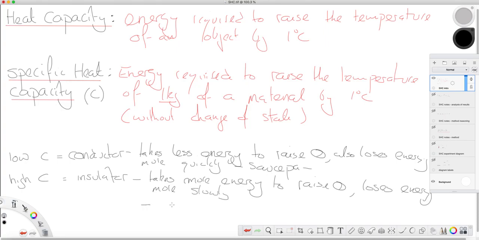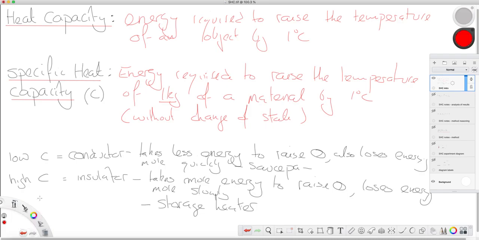So here, maybe a storage heater where you heat up maybe 120 kilograms of concrete using an electrical heater, and although it takes a long time and a lot of energy to heat that up, it holds that energy really well and you can release it over time.